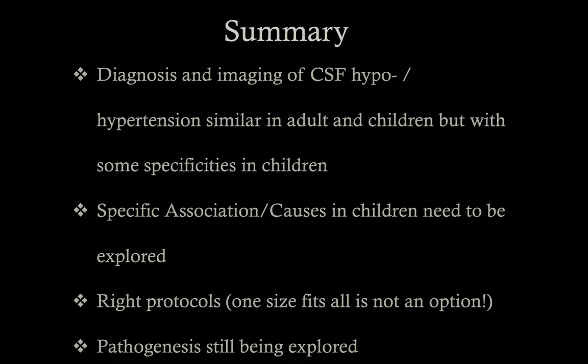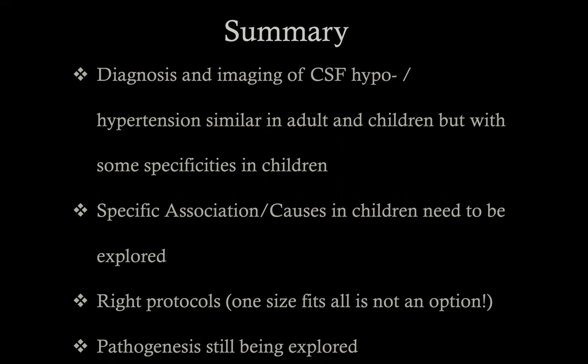So in summary, the imaging diagnosis of CSF hypotension and hypertension is similar in adults and children, but with some specificities in children that you need to consider, namely connective tissue disorders or other disorders like NF1 in CSF hypotension, or, in CSF hypertension, the possibility of venous sinus thrombosis.